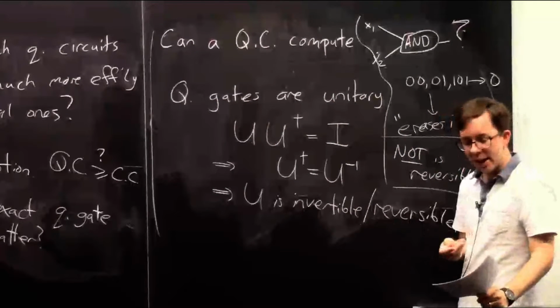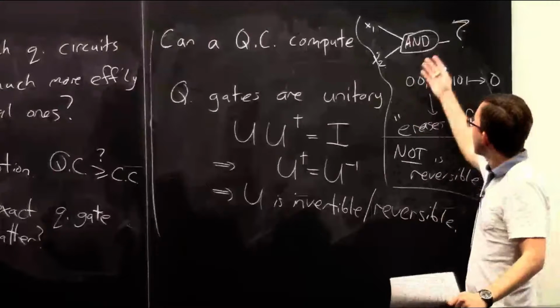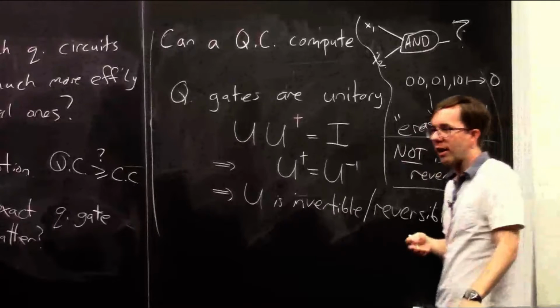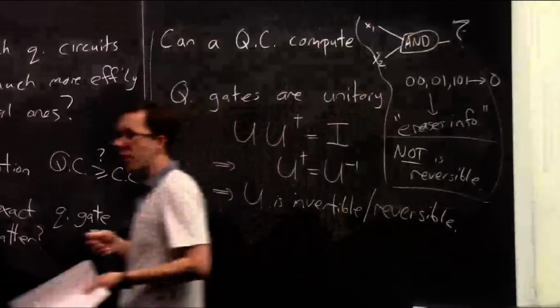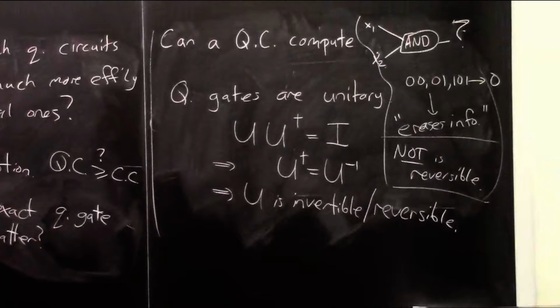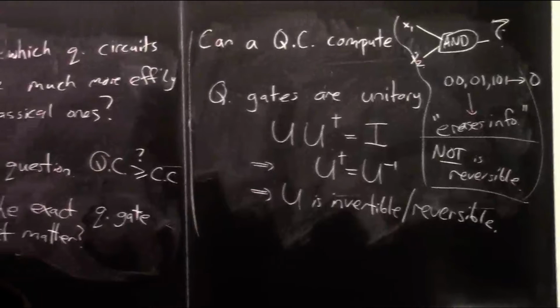Whereas by contrast, a non-reversible operation like AND loses or erases information, and so entropy is lost. And therefore, by the second law of thermodynamics, it has to go somewhere. And therefore, if you have an AND gate implemented physically, it cannot be a closed system.